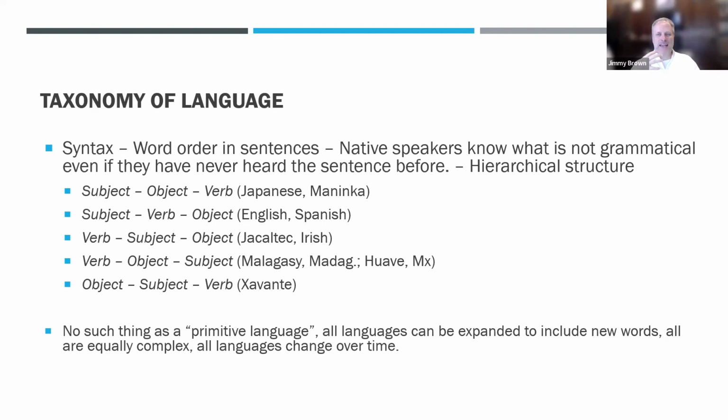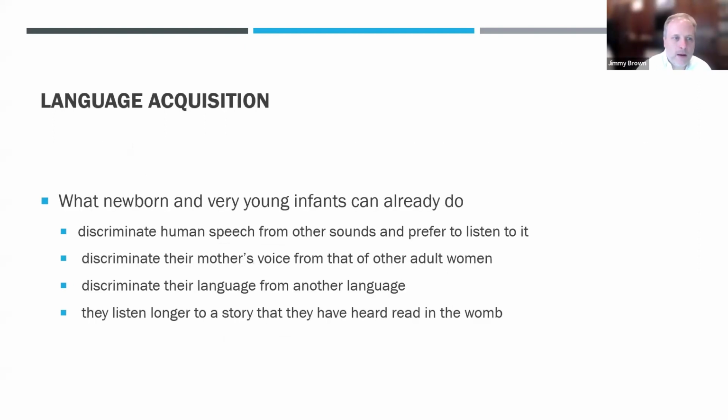The structure changes as well. Languages evolve. And you can also learn a lot about a culture by thinking about what their syntax is. So those are things to think about there.